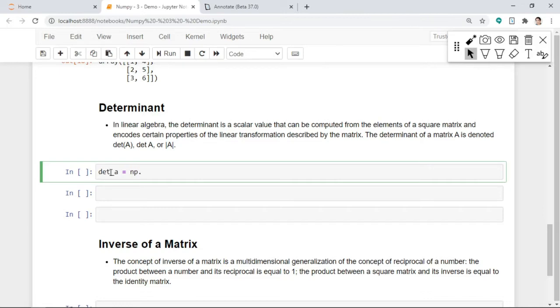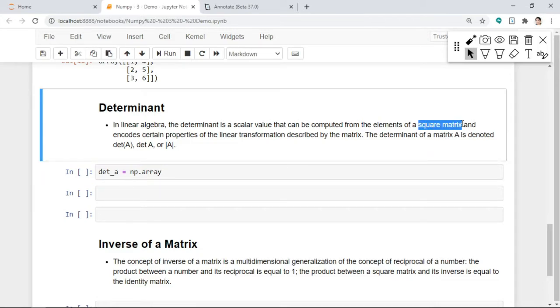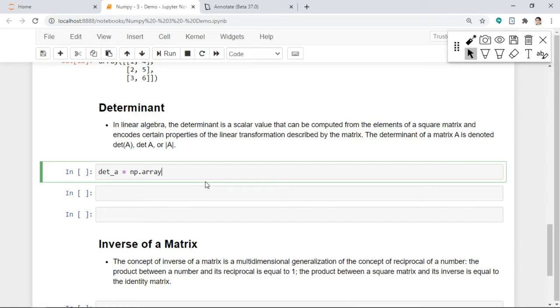So again, I will define a matrix. So remember, determinant is only possible for a square matrix. Okay, so NP array. So let's have a simple array. So 1, 2, 3, 4. You can do this with NP arrange too.